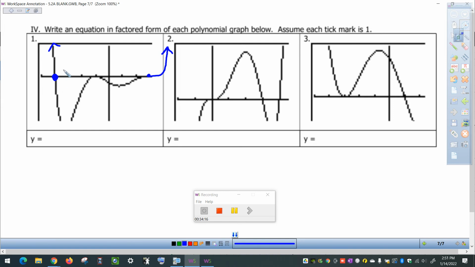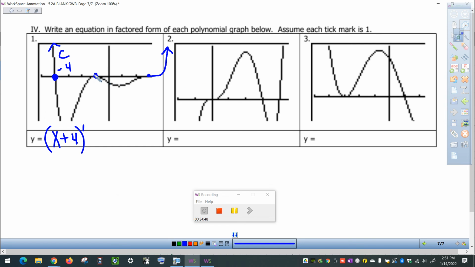On this first one, I can see that it is at -4, and it's crossing through -4. Here's how it's going to look in the equation. If the x-intercept is -4, we need to change it to x plus 4. And if it's crossing through, you can make the exponent an invisible 1, or you can write a little 1 in there, just as I've done.